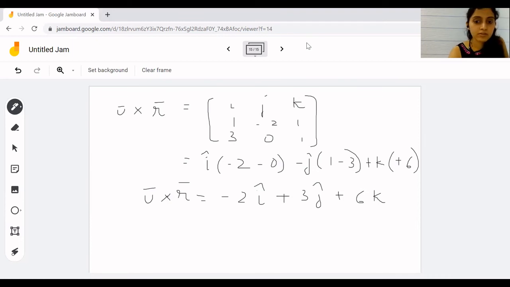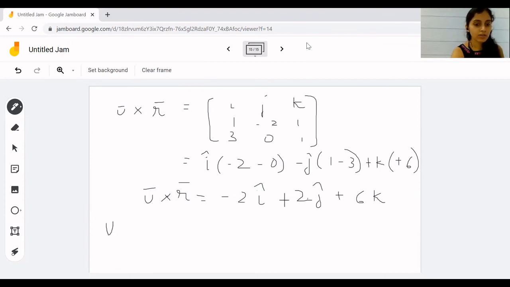Sorry, 1 minus 3 here would be minus 2. So minus 2i plus 2j plus 6k. Okay, that is U bar cross R bar.